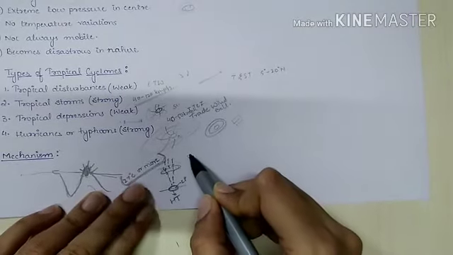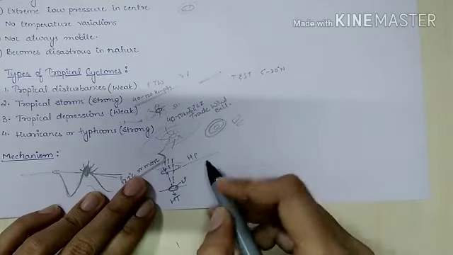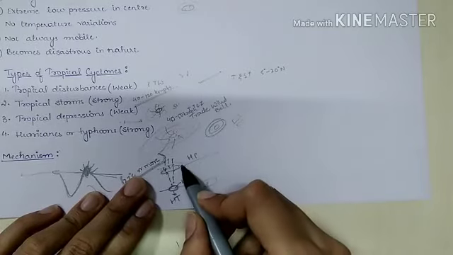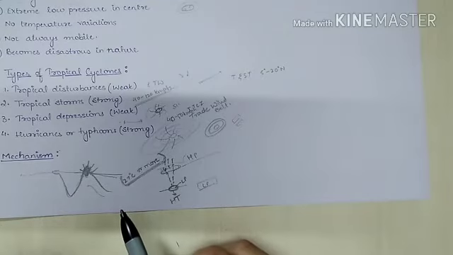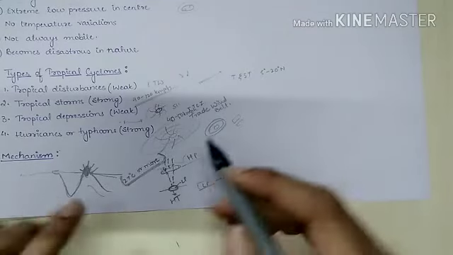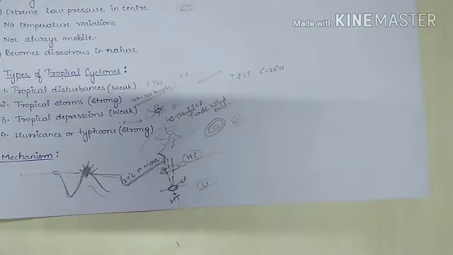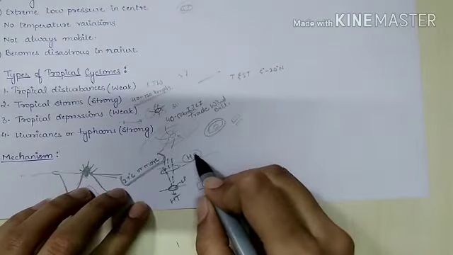But always remember, this high pressure condition will not occur during cloudiness or vertical aberration. Hence clearly the cyclone will not occur if the high pressure condition will not prevail.